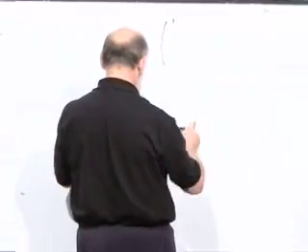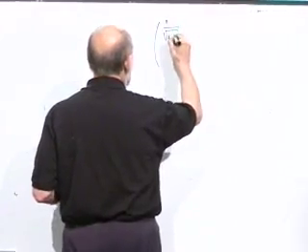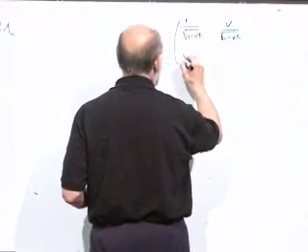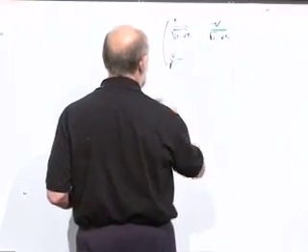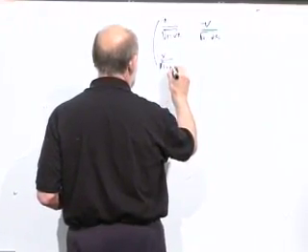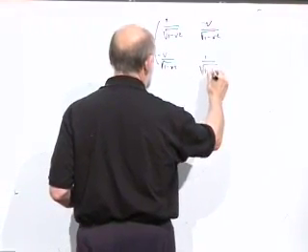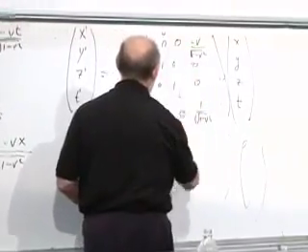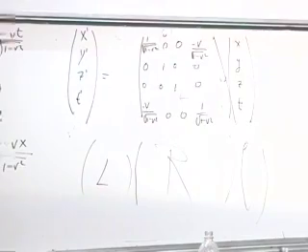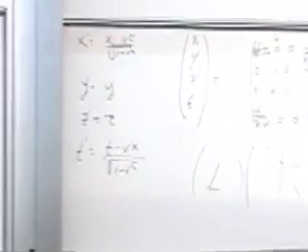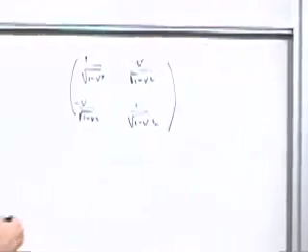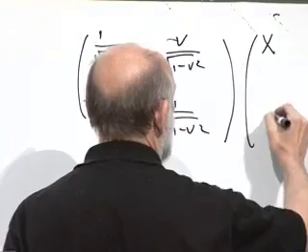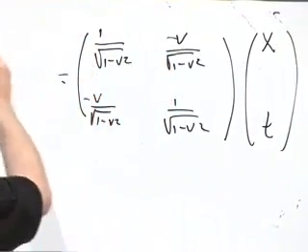It's 1 over square root of 1 minus v squared, v over square root of 1 minus v squared, minus v over square root of 1 minus v squared, 1 over square root of 1 minus v squared. I just threw away everything but the xt part of this transformation. That's the matrix that takes us, let us say, from your coordinates to my coordinates.